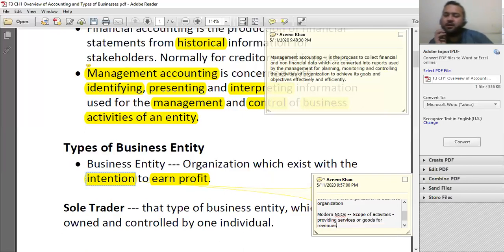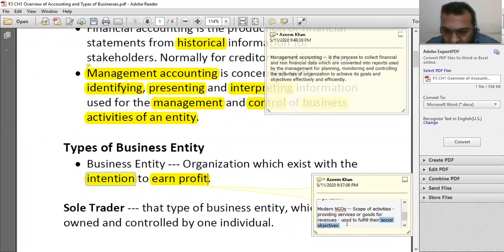It means they will provide the goods or services in return for revenue, and that revenue will be used to fulfill their social objectives.